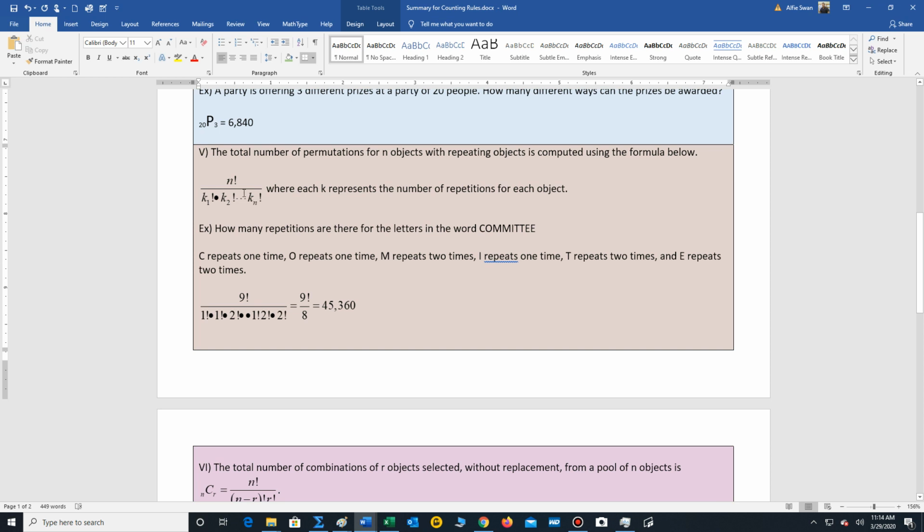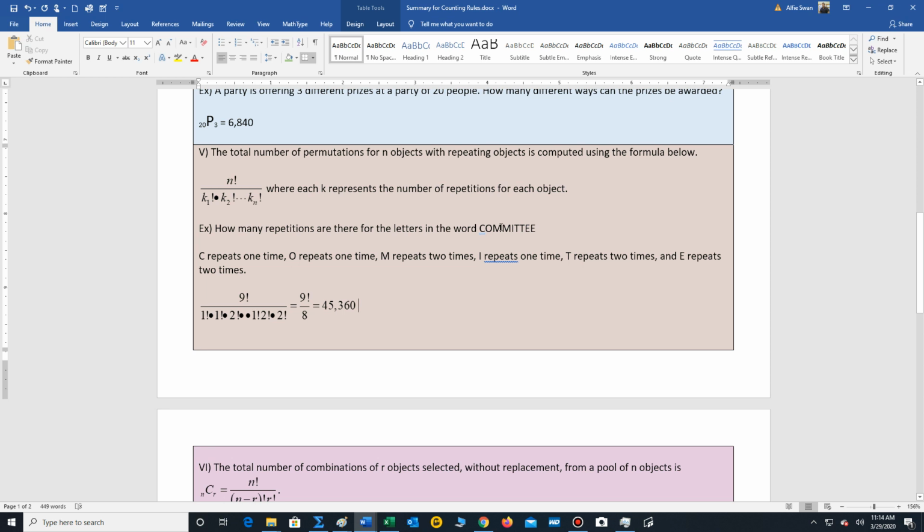So what we do is we count up all the number of items. That's going to be the top factorial. And then we count the number of repetitions of each item, take the factorial, and multiply them out. For example, if we have the word committee and we want to look at all the permutations, first of all, there are 9 letters.